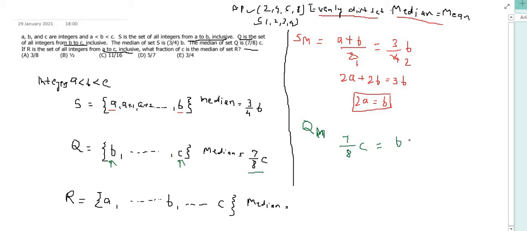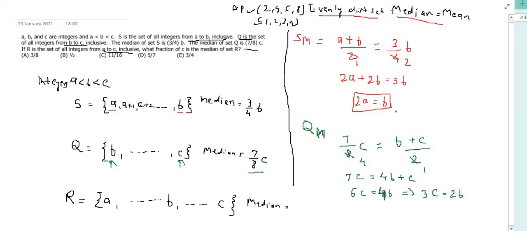Its average is going to be (B plus C) by 2. Let's get rid of this 2, so this will be 4. Cross multiply, so 7C is equal to 4B plus C, or 6C is equal to 4B. If you simplify this, you get 3C is equal to 2B.